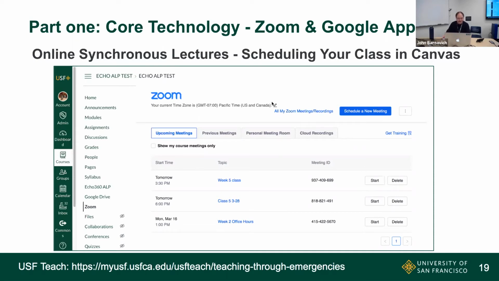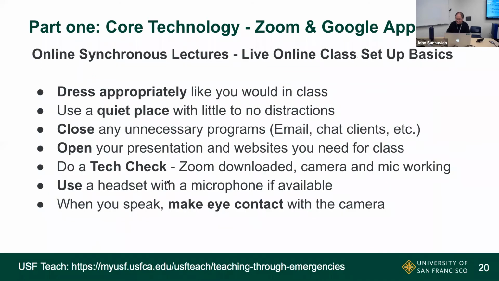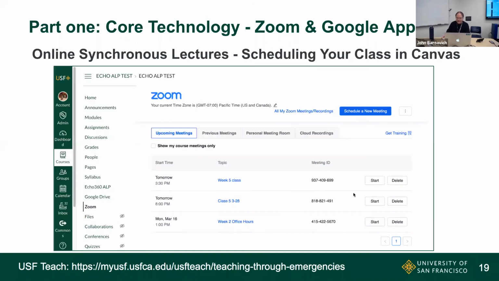Or you can do the integration, and the students have it all in one place, and you have it in one place. Then all you have to do is send out an email or an announcement saying, hey, for our upcoming sessions, click on the Zoom link in the Canvas course, look for the scheduled meeting for our class time, and then click join. And then you would click start to start the meeting.